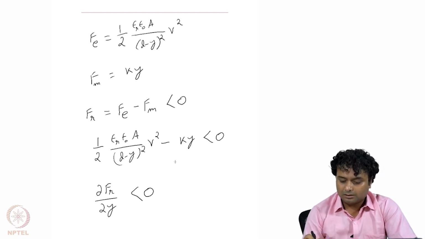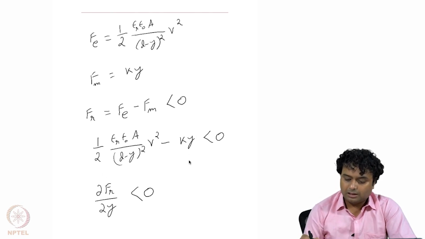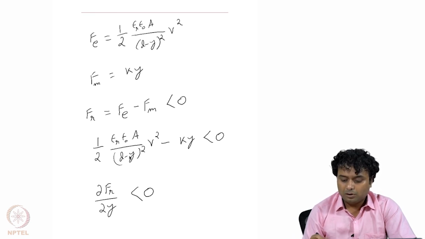This is the FR expression, and in this expression I am just doing the first derivative. For the (d minus y) whole square, a 2 comes and I get (d minus y) whole cube below, and a minus comes, but there is also a minus y, so minus minus becomes plus. So ultimately I get epsilon r epsilon naught A divided by (d minus y) whole cube into V square from this term, and this is just k.